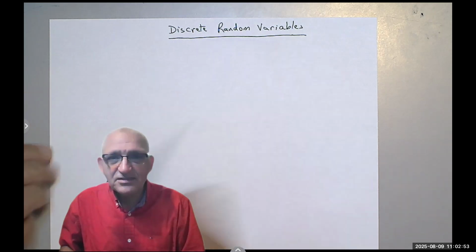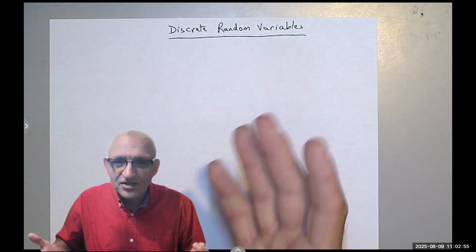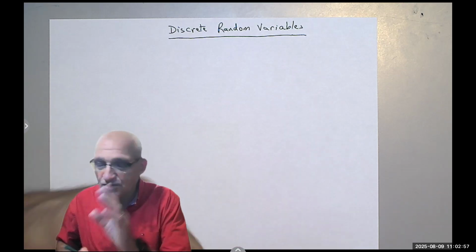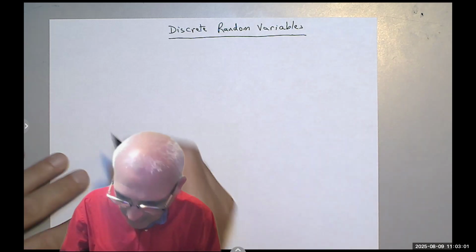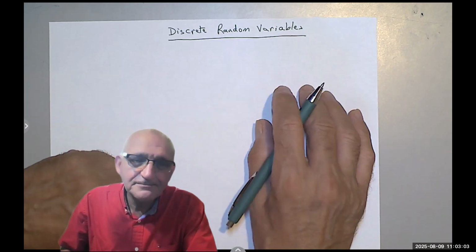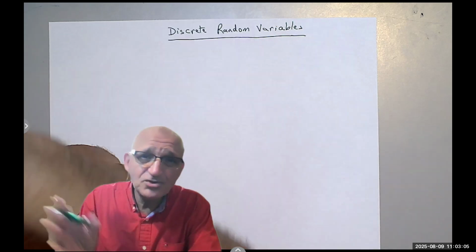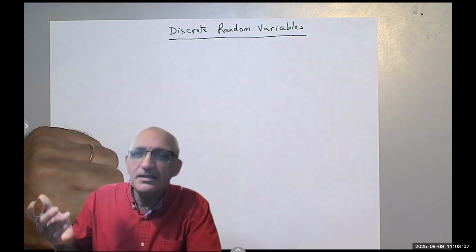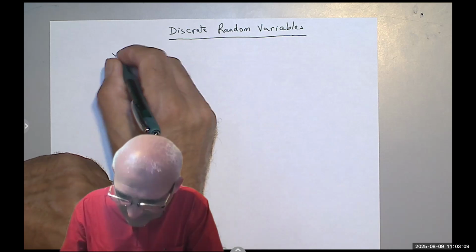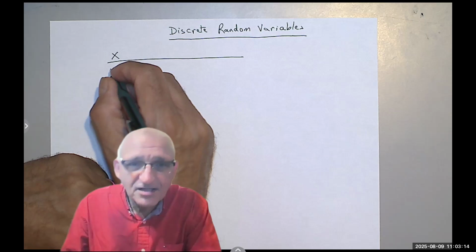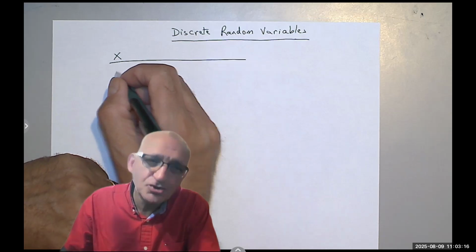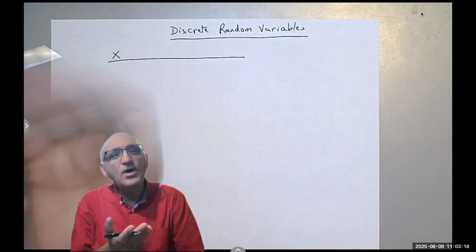So a discrete random variable, as we said, is a function that gives me, for specific values of x, a corresponding value of y. To give an example, let's say I have a random variable. I'm not going to tell you what that is. I just made it up. Where x is my random variable, and instead of saying y, we usually say in math f of x.